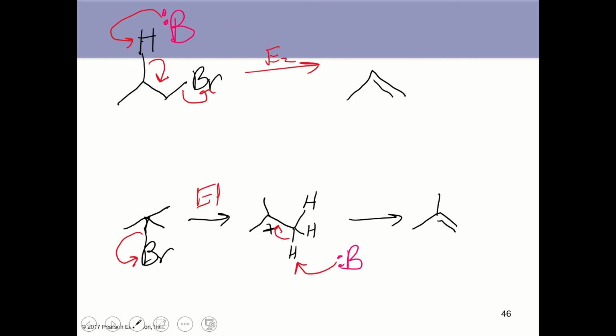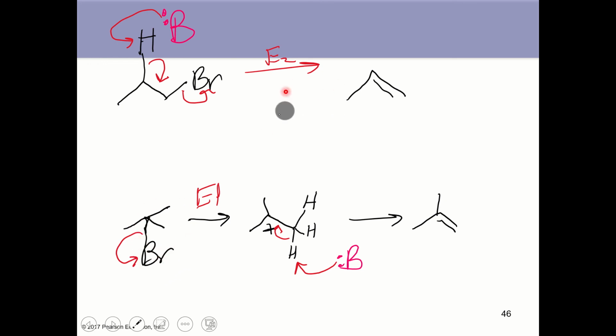For an E1 reaction, this is going to occur when we can form a stable carbocation. E1 is going to be possible. And it's also important to note that tertiary alkyl halides can undergo either an E2 or E1 mechanism.